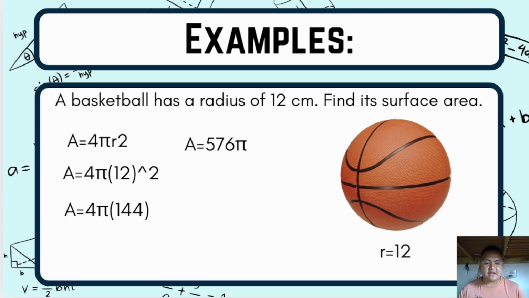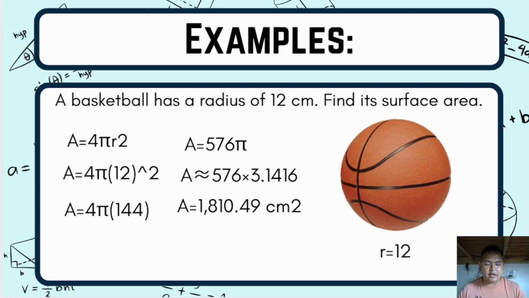So we're gonna multiply the 576 to our pi. So area is approximately 576 times 3.1416. So our answer will be area is equals to 1,810.49 centimeters squared. So that is the surface area of a basketball that has a radius of 12 centimeters.